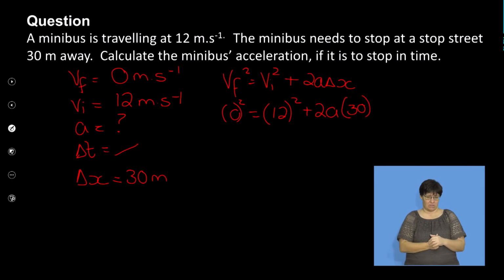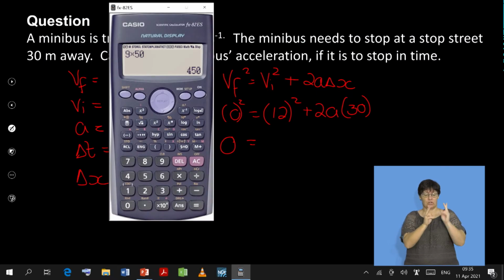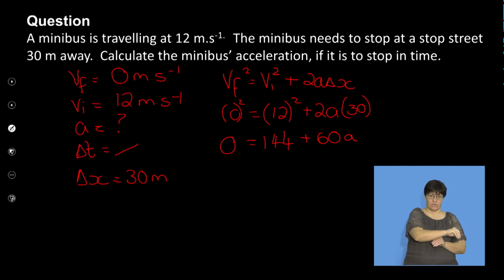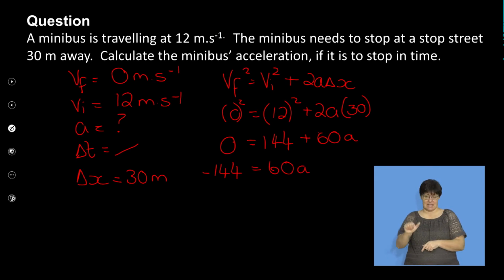So I've got 0, 12 squared, wrong one, there we go, is 144. So that's 144, plus now it's going to be 2 times 30, which is 60. I'm going to take the 144 over, so it becomes minus.